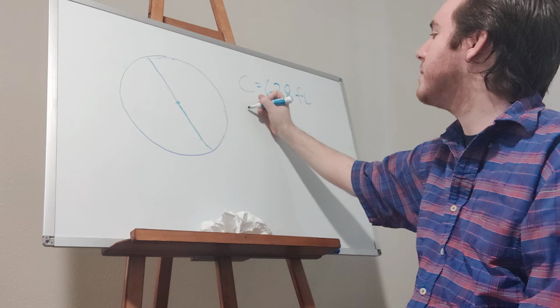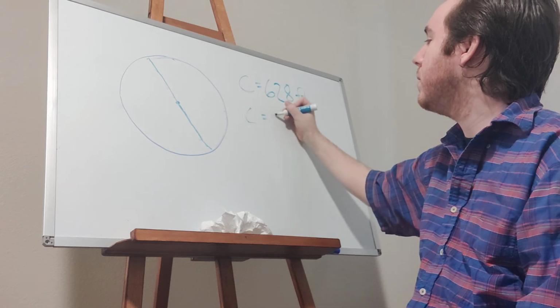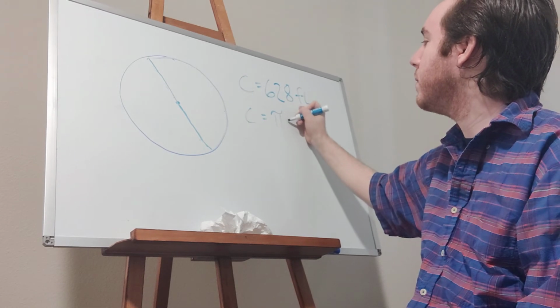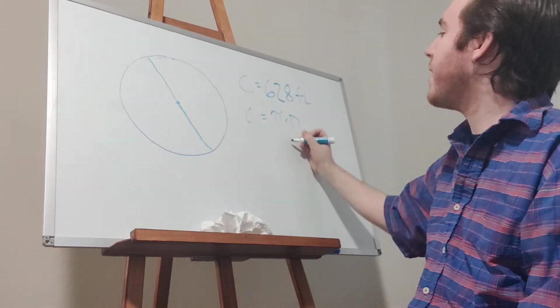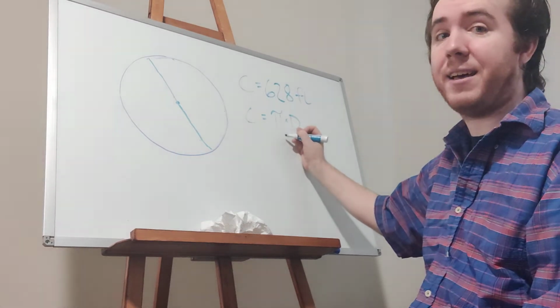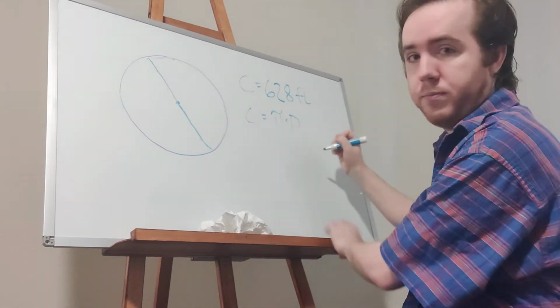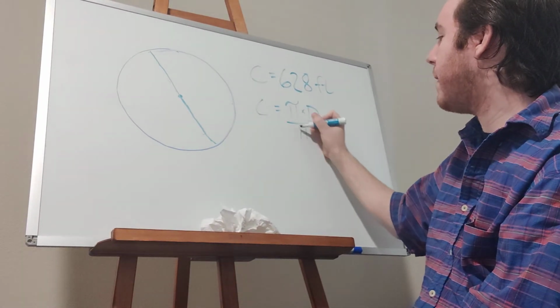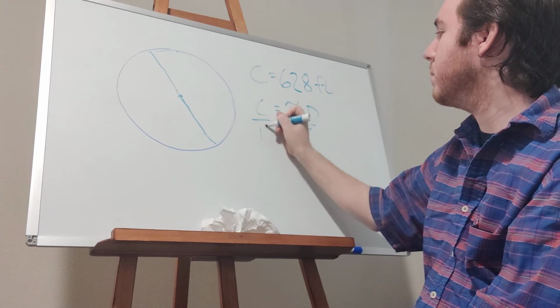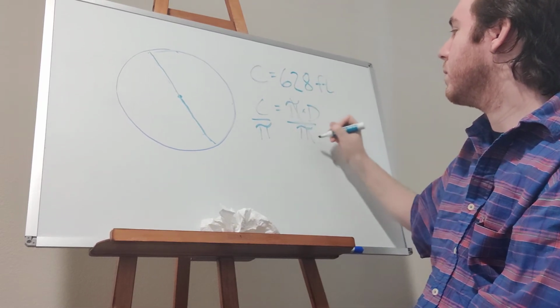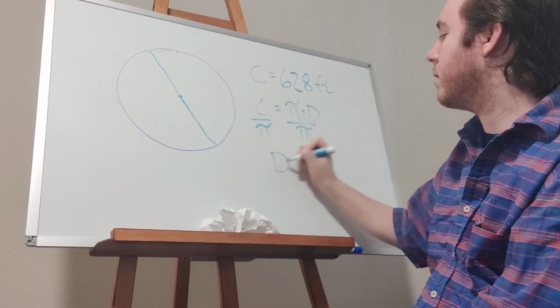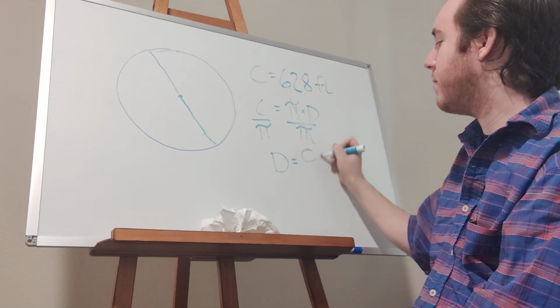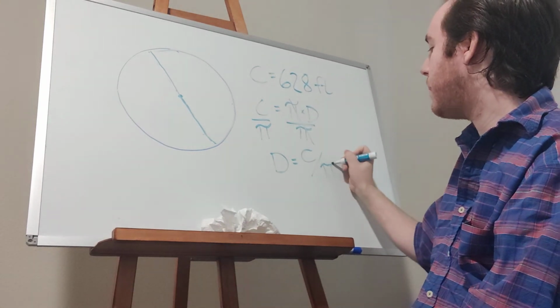In the same way, we can say that circumference equals pi times the diameter. You can find the diameter by getting it by itself. So, divide both sides by pi. See, the diameter is circumference divided by pi.